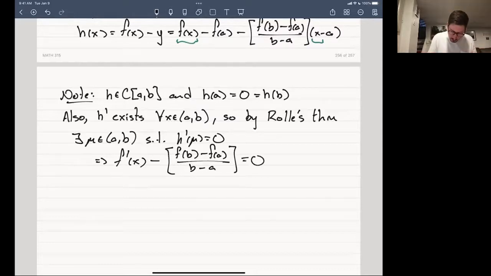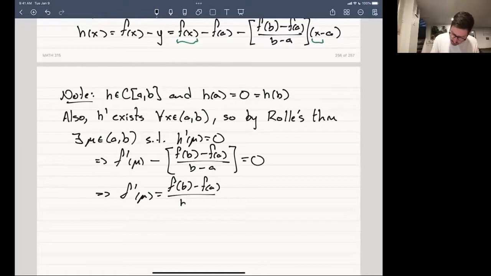This is equal to 0, and there should be a mu here, which tells us that we have the mean value theorem. This tells us the slope of the tangent at mu is equal to the slope of that line that I defined, thus giving me my nice mean value theorem result.